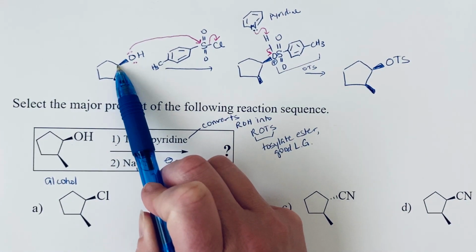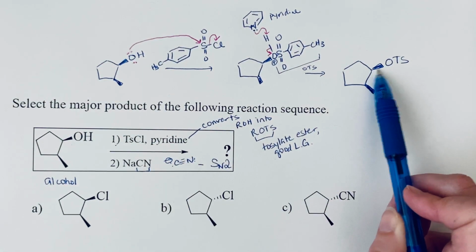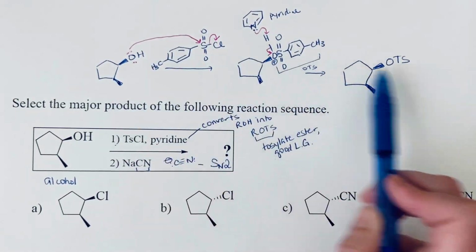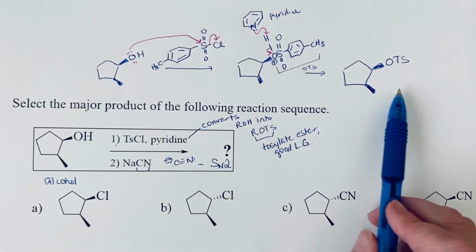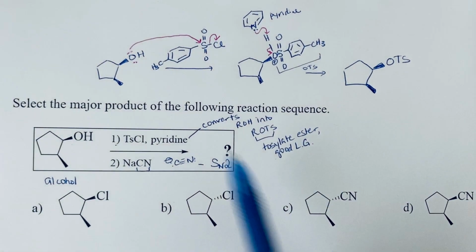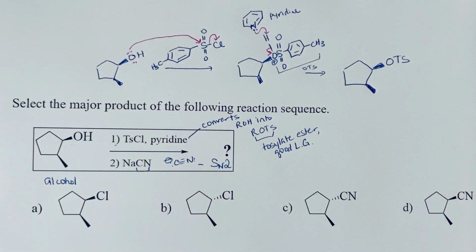Notice the bond to oxygen is sticking out of the plane of the page. It still is in our sulfonate ester, this tosylate. That's because at no point in this mechanism was that chiral carbon involved. Up until here, nothing has happened to that carbon, so the bonds should still be where they started, which means the bond to oxygen is sticking out of the plane of the page.